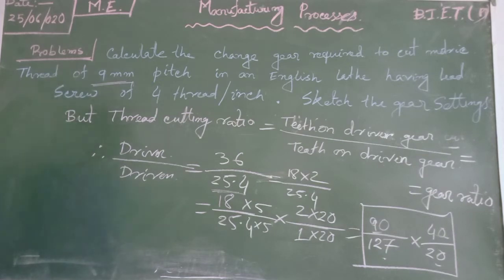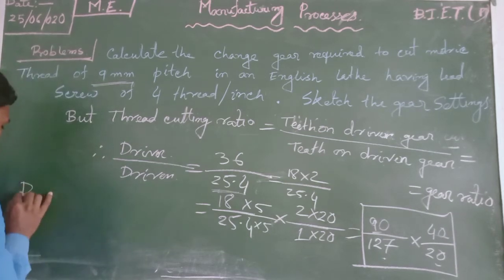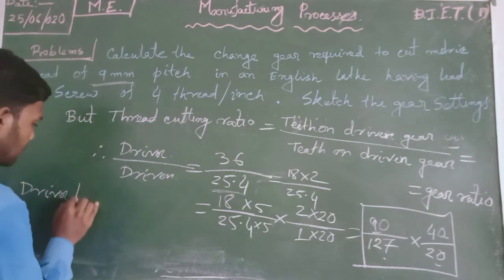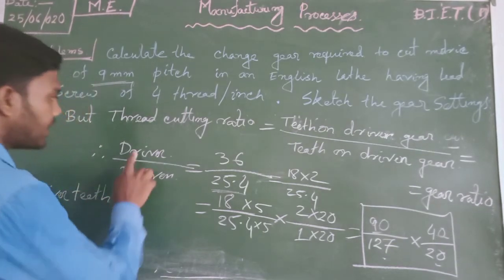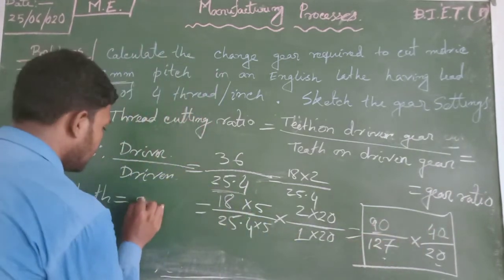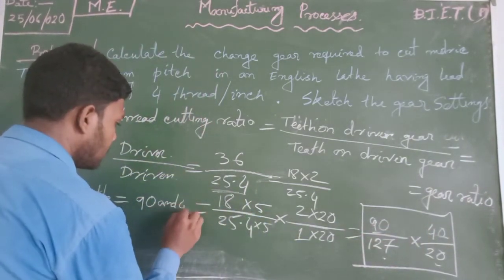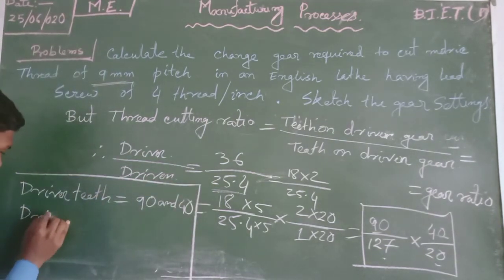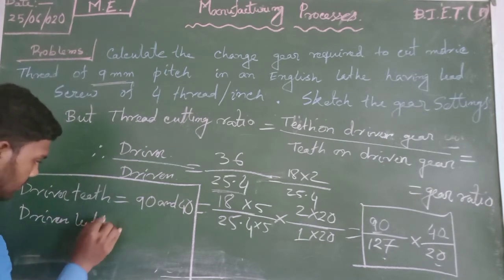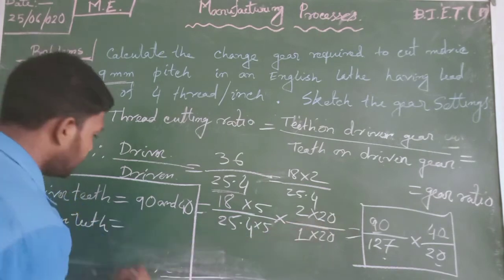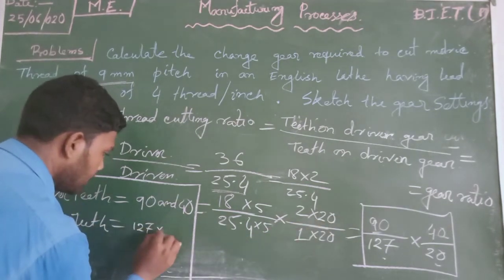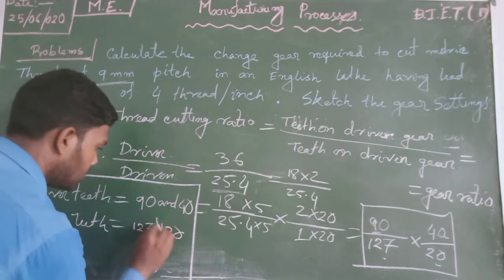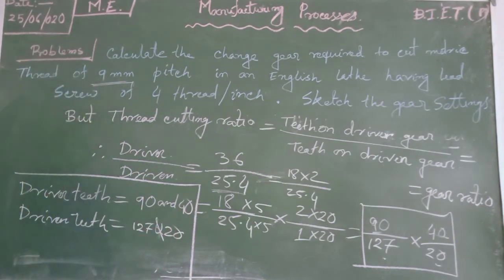Now write the teeth of the driver gears: 90 and 40, and the driven teeth are 127 and 20. This is our calculated requirement.